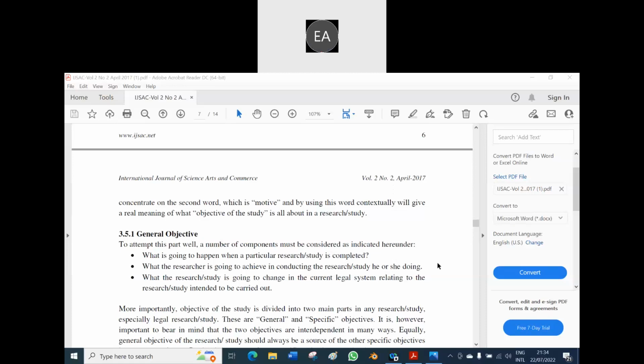I'm studying LLM for various reasons. First of all, to enhance my performance at my job place, to add some knowledge and to add value to what I'm doing regularly at my work. So those are the objectives that I intend to achieve. Suppose you are a government employee, there will be an increment. Yes, definitely. And you feel very proud that you did the LLM and you have some command over the law. And you can compete in other examinations also.